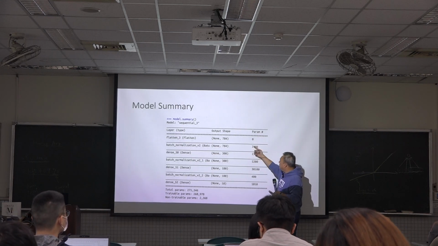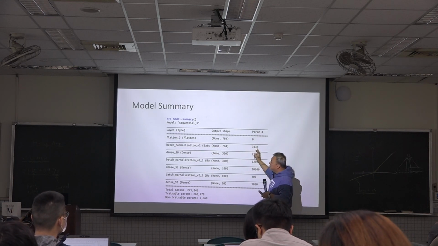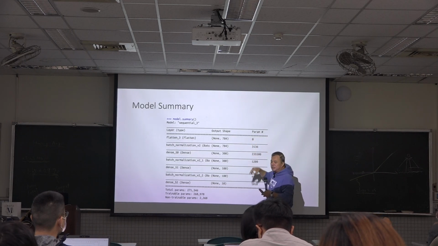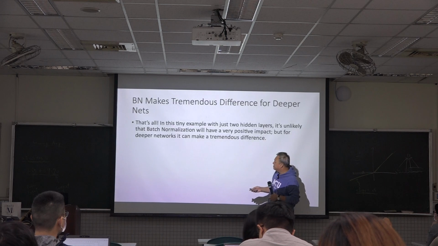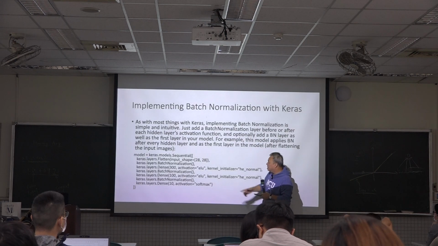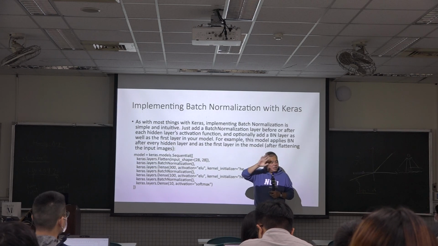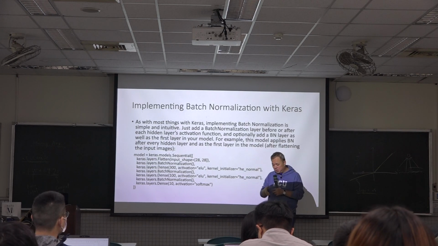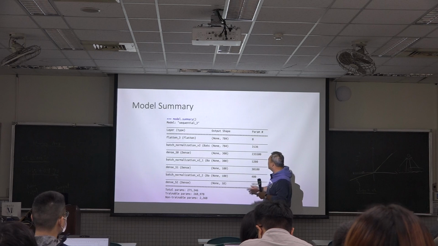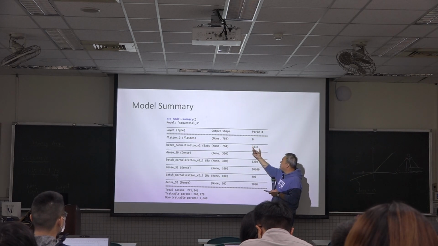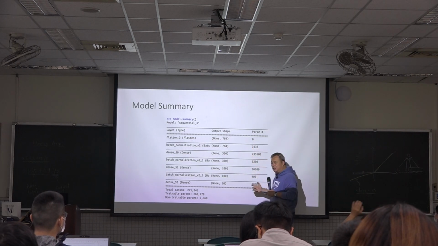Same thing. This one is difficult to see, but the previous layer, the input layer, is 28 by 28, 700 something, right? 700 something multiplied by 4 is 3,136.